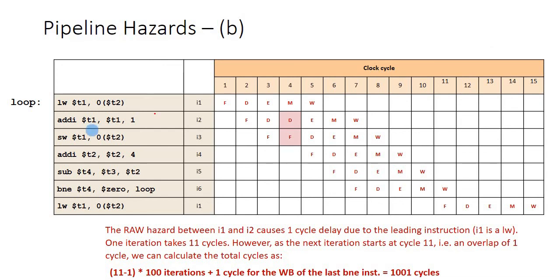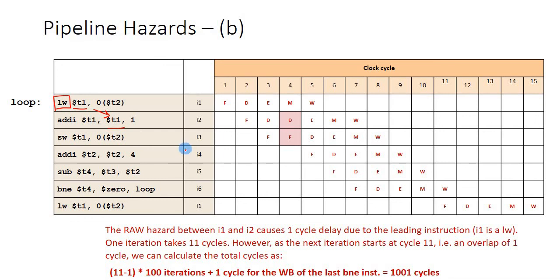So if you look at the first instruction, if the first instruction is updating a register and we need that register for the second instruction as one of its sources, if the first instruction is a load word, then you have no choice but to have at least one stall. Why?